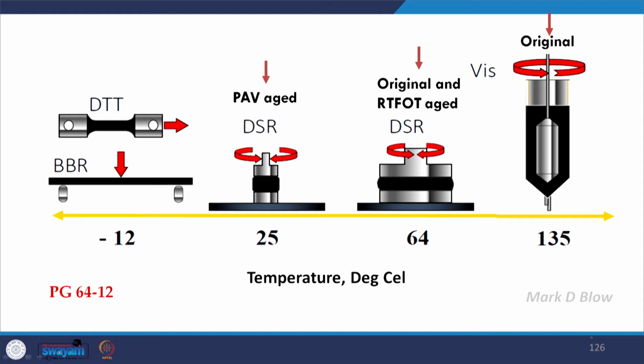This is a typical grade. Of course, we will be discussing how this grading system is actually done. So, the grade is written as PG, one number, another number. Okay. So, PG indicates performance grade.